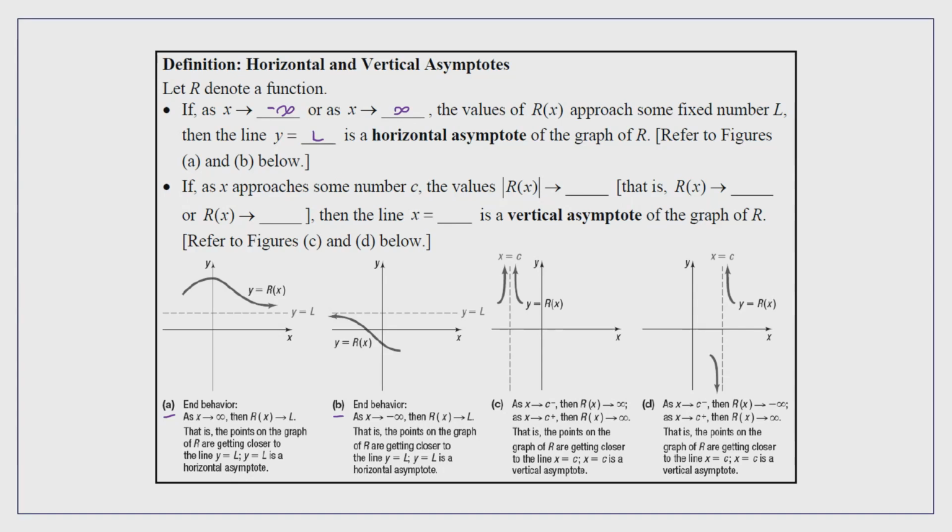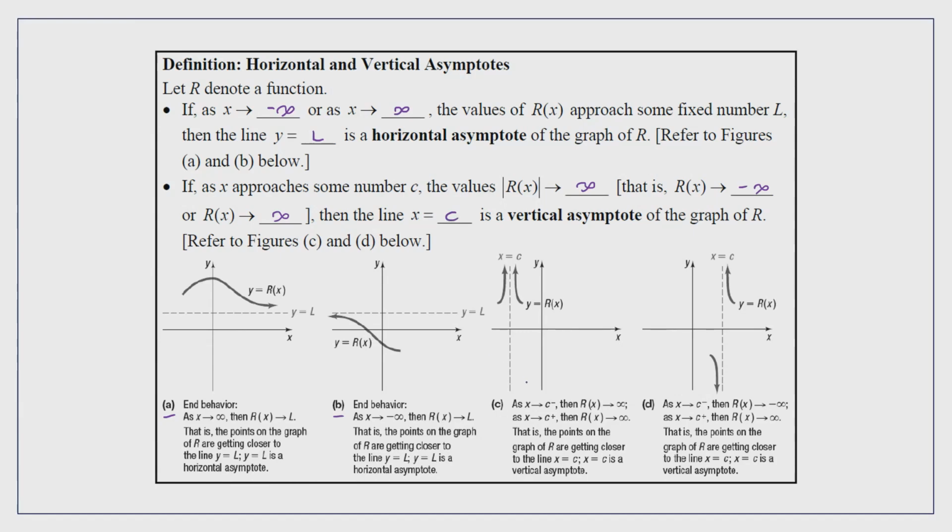So as x is approaching negative infinity or as x is approaching infinity, y is approaching a fixed value L. If as x approaches some number c, the absolute value of r of x approaches infinity, that is, r of x is approaching negative infinity or r of x is approaching infinity, then the line x equals c is a vertical asymptote of the graph of r.